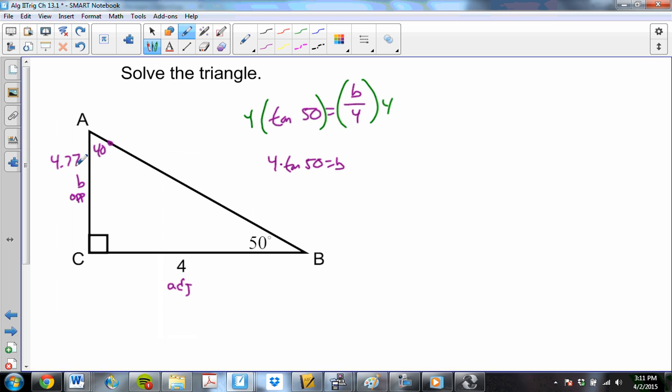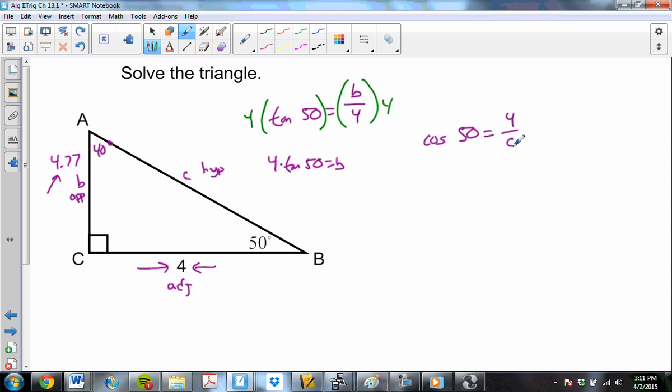Now I can either do Pythagoras and find my hypotenuse length C, or just do some more trig. I'll do some more trig in this case. I always want to deal with the number that I was given, not the number that I found. Deal with the number you're given because you know it's correct and there's no rounding errors. So if I want to do adjacent over hypotenuse, that's cosine. So the cosine of 50 is adjacent over hypotenuse, which is 4 over c.